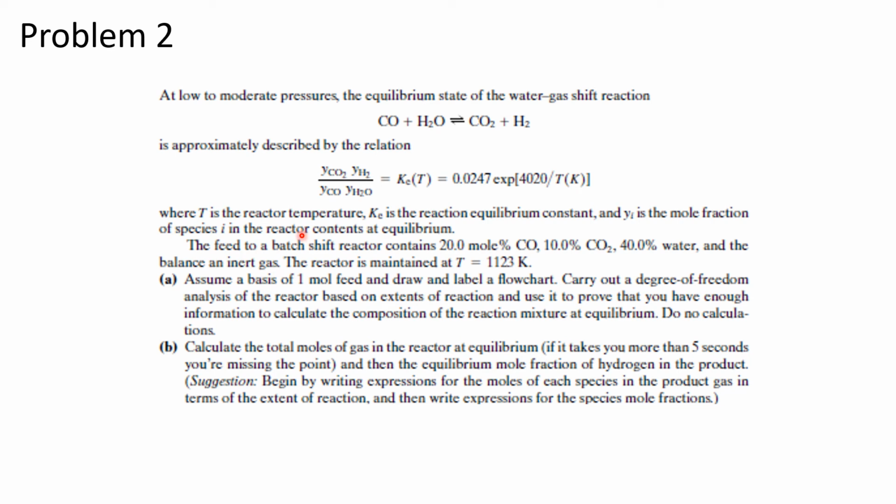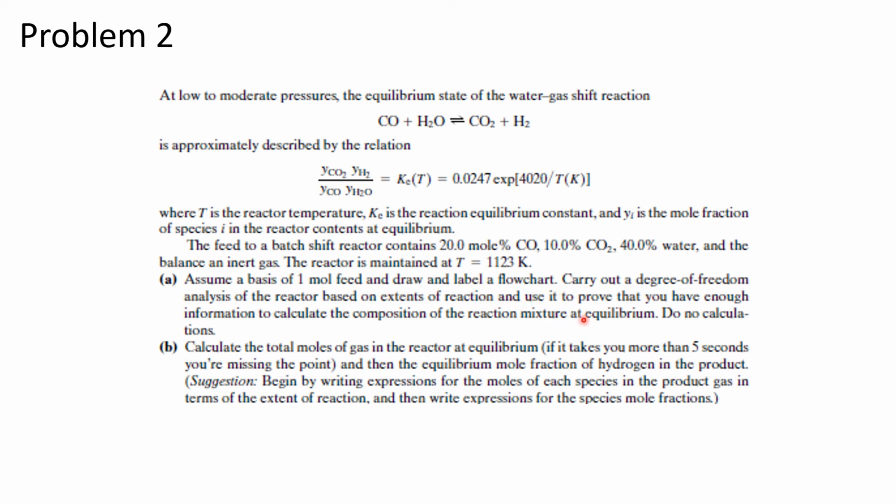Now for this problem, we're going to assume that we have a feed to a batch reactor containing 20 mole percent CO, 10% CO2, 40% water, and the balance is some inert. It might be nitrogen. And this reaction takes place at a temperature of 1123 Kelvin. Now, what I'd like for you to do is take a moment and, assuming a basis of 1 mole of feed, draw and label a flow chart.